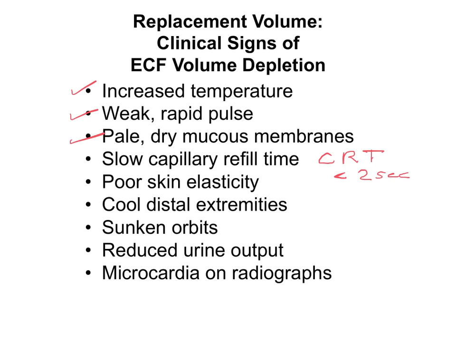In species where it is feasible, like a cat or a dog, you can do a skin tenting test to see whether they are dehydrated. This is obviously difficult to do in a cow or a horse. If severely dehydrated, they might have cool distal extremities as the peripheral vasculature contracts to maintain blood volume. They can show sunken orbits, reduced urine output, and if you were to take a radiograph, the heart may actually be smaller in size.